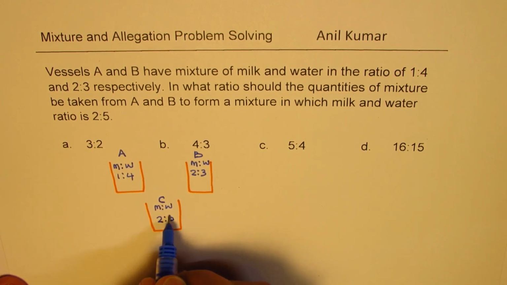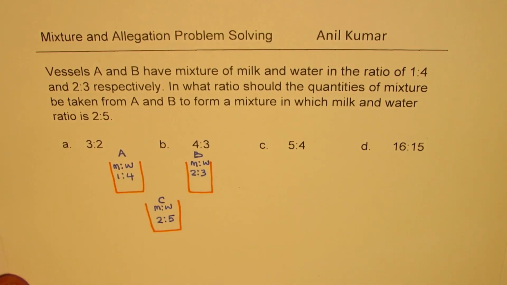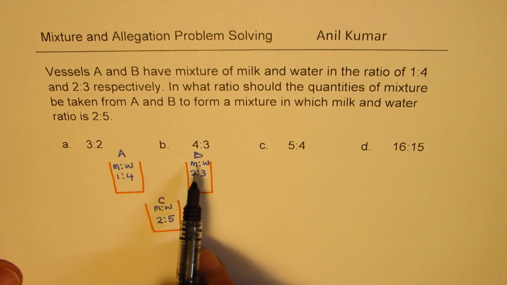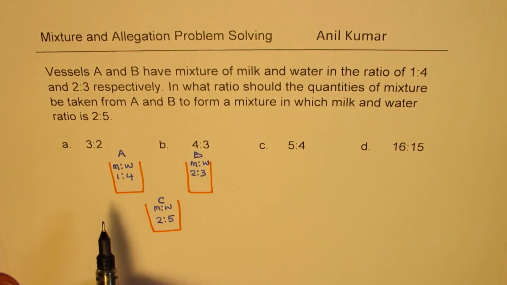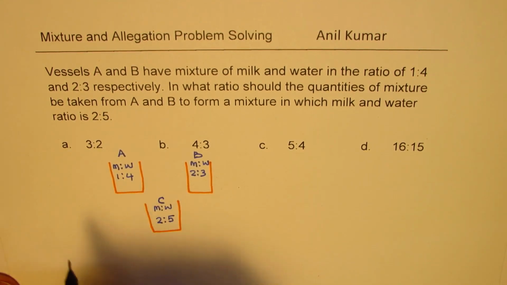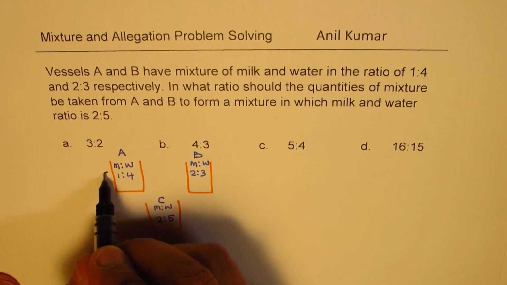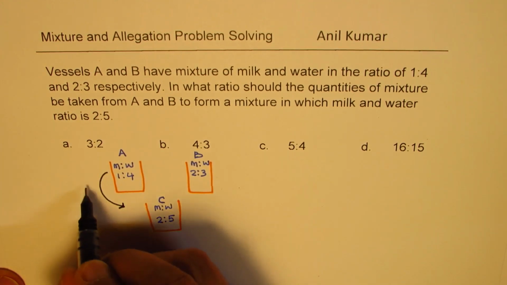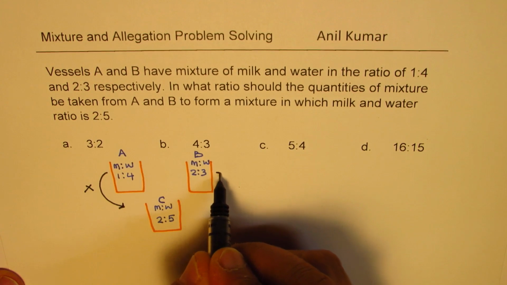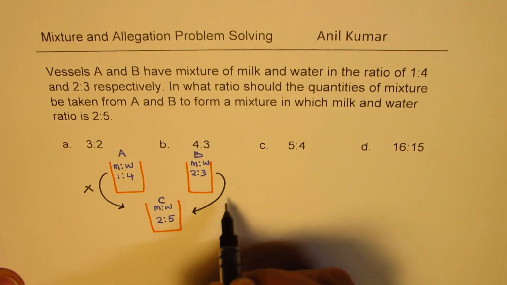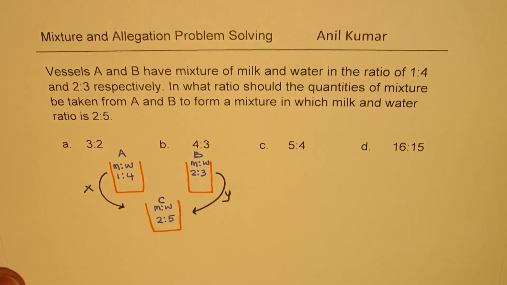So what quantities of each should be mixed? That is the question. Then we'll know what ratio there will be for these two. Let us say we mix x of A and y of B to form C, whose ratio is 2:5.